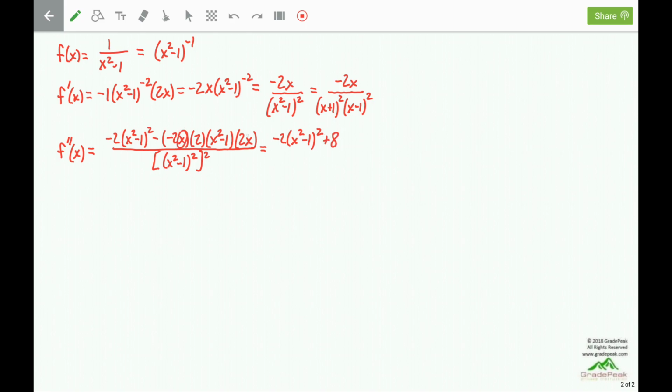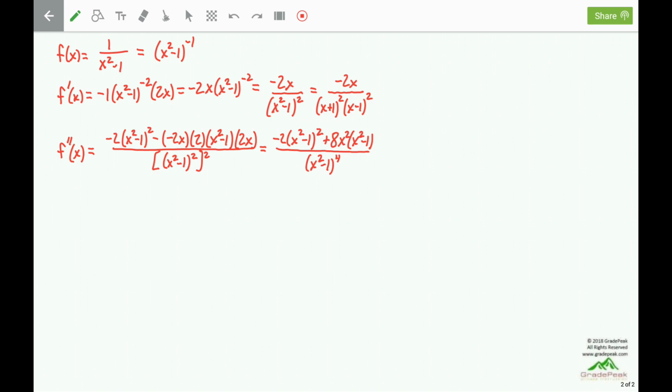We have an x and another x, so x squared. And then we have an x squared minus 1 to the first power. And all of this is over x squared minus 1 squared and then squared again. We multiply the exponents, 2 times 2, which is 4.